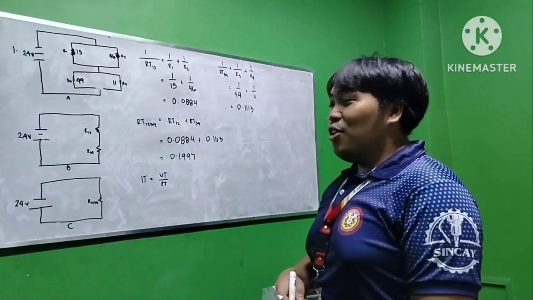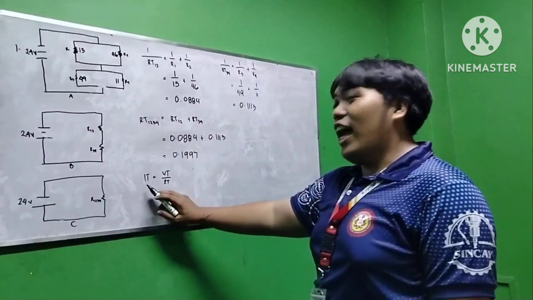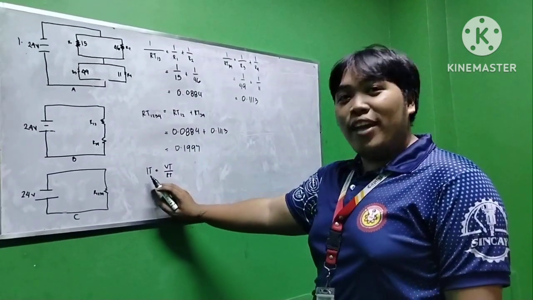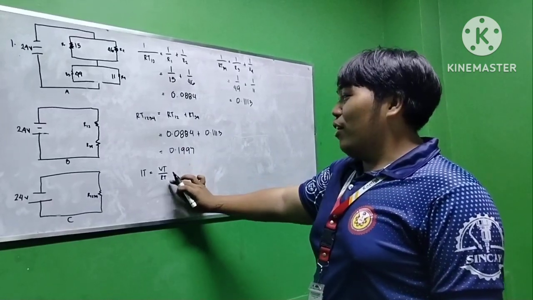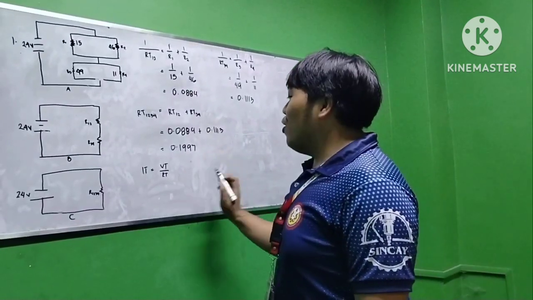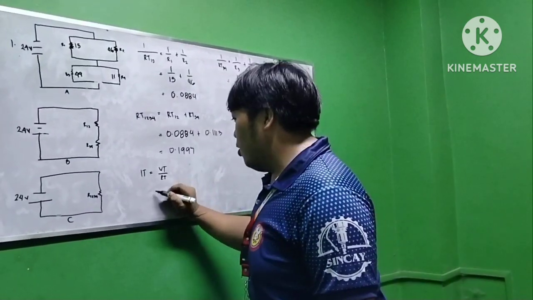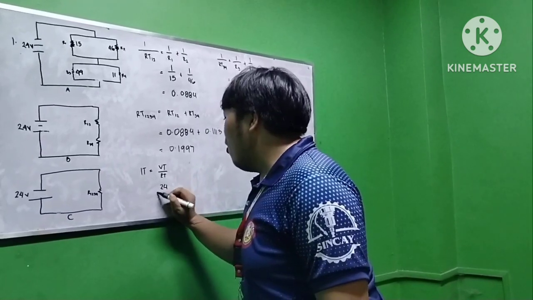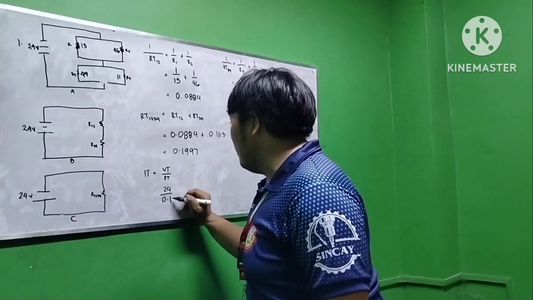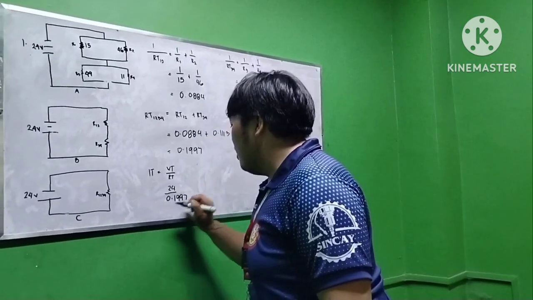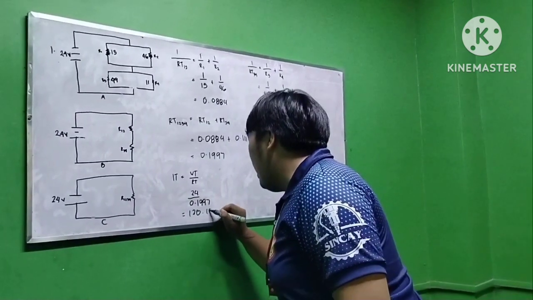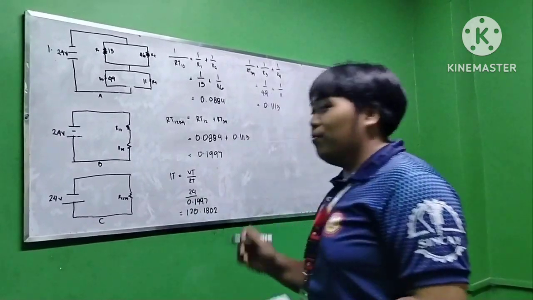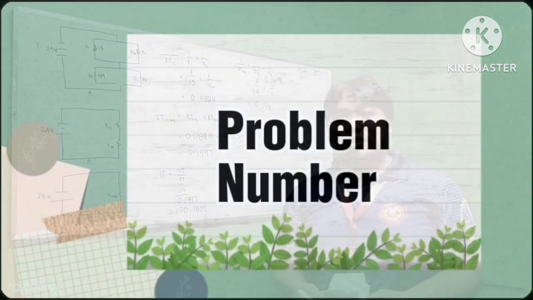For our step C, we are going to get the I total, which is the current. The formula is voltage total over resistance total. Our voltage here is 24 volts over 0.1997, which equals 180.1802. So that's all for problem 1.